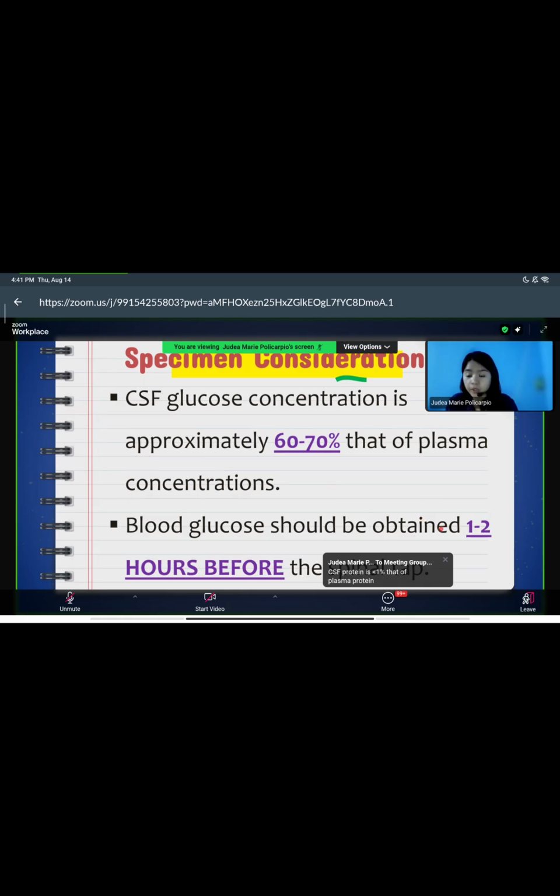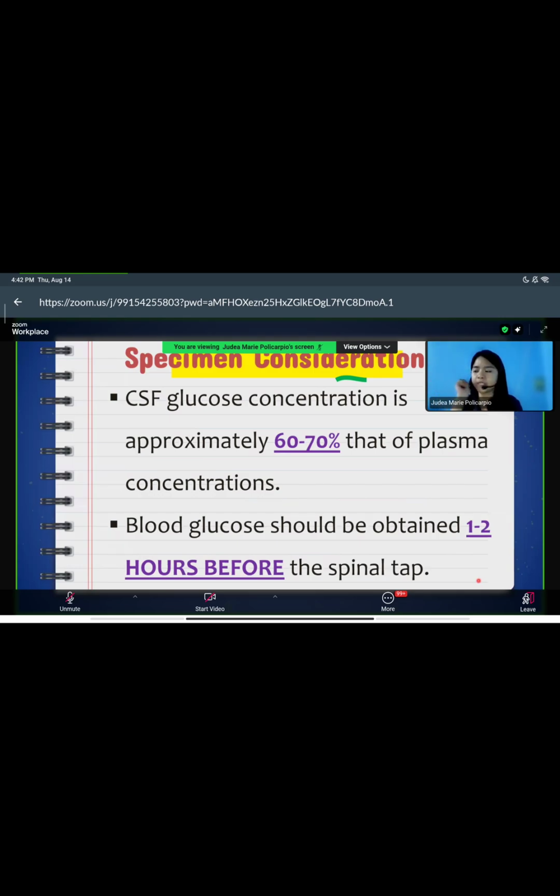Pero ang CSF protein, this is just less than 1% of the plasma concentration. Mag-iingat kayo sa tanong ha, parehas na kasi silang tinanong dati ng exam eh. CSF glucose is 60 to 70%, ang CSF protein natin ay less than 1%.